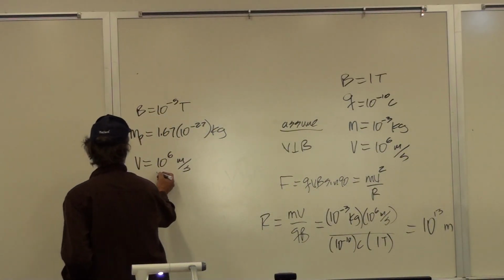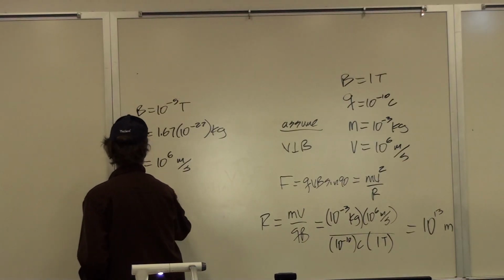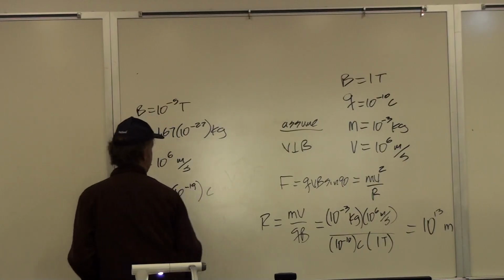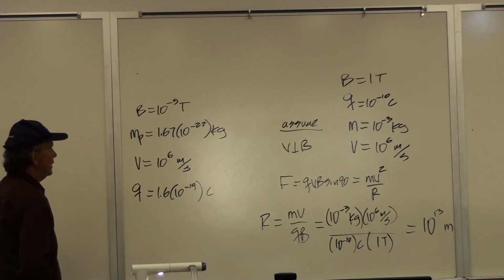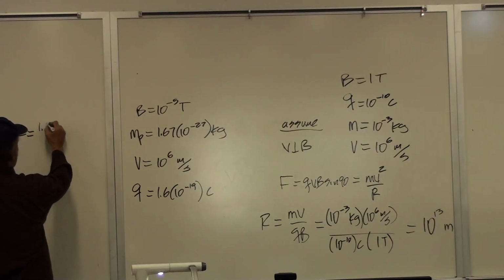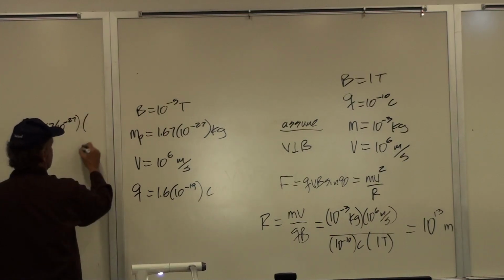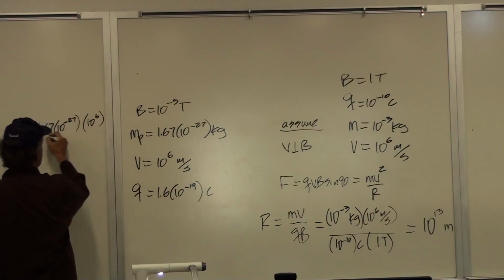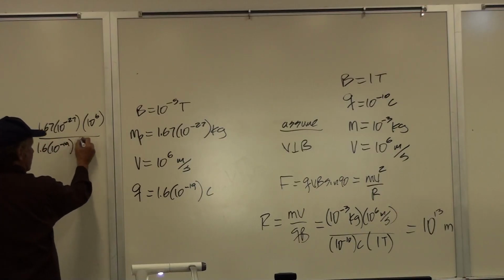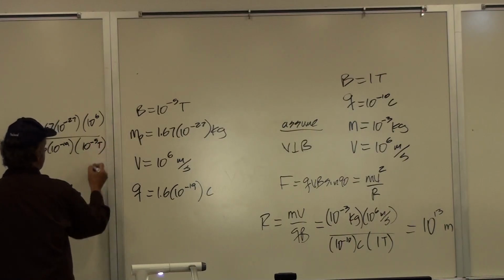Okay, so here we're making V 10 to the 6 meters per second, and then the charge is, of course, the charge on a proton, 1.6 times 10 to the minus 19. So for this problem then, R would be equal to M, 1.67 times 10 to the minus 27, times V, 10 to the 6, over Q, 1.6 times 10 to the minus 19, times B, 10 to the minus 5 Tesla.